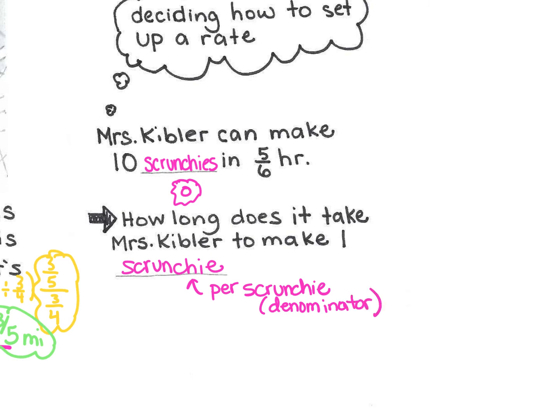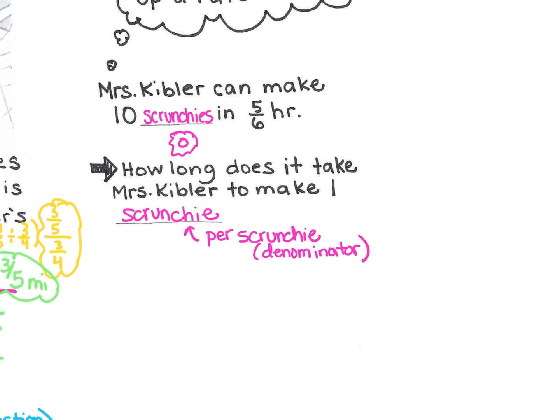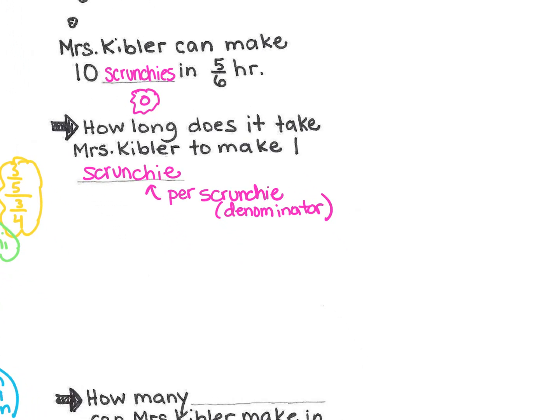So if I were to set this up right here, I'm going to use a table again. Time and scrunchies are the 2 things that we're comparing. So that's 5/6, and that's 10 for the scrunchies. So again, I want to know what 1 scrunchie is.